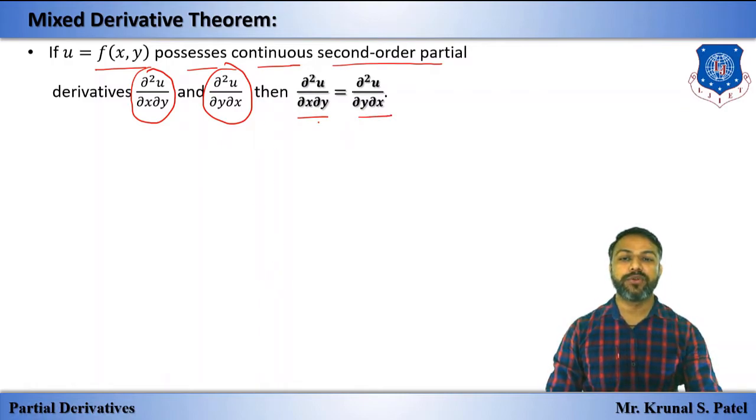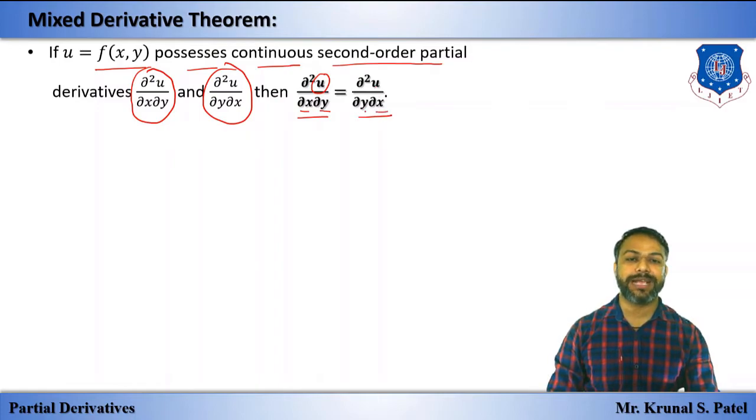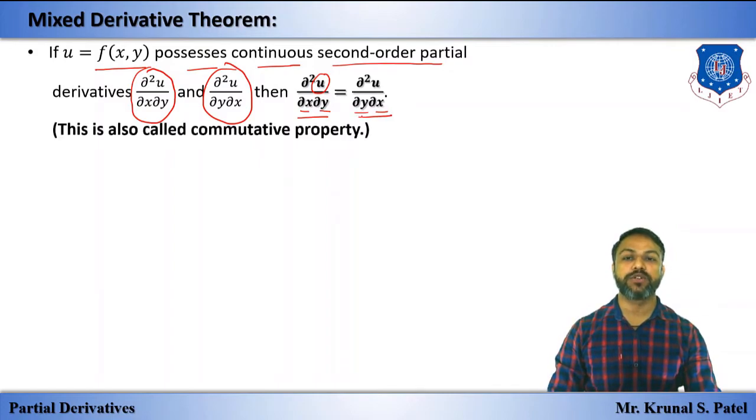That means if you differentiate u first with respect to y then x, or first with respect to x then y, the answer will always be the same. So this is called the commutative property also.